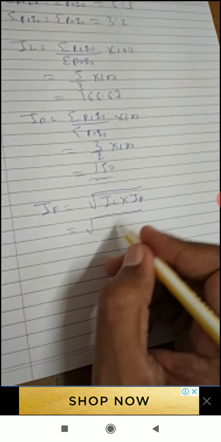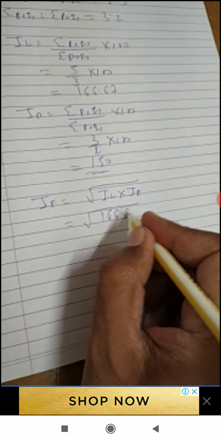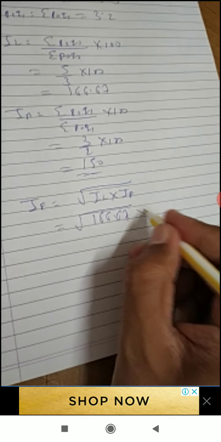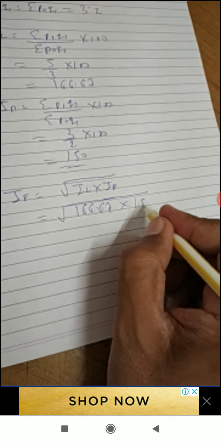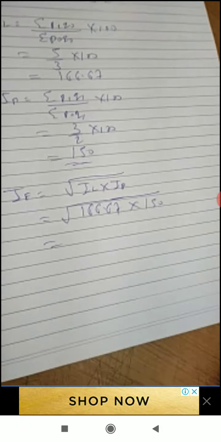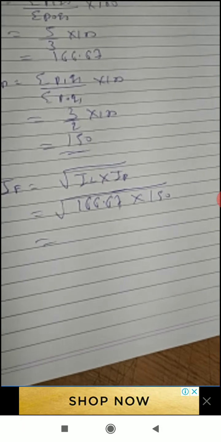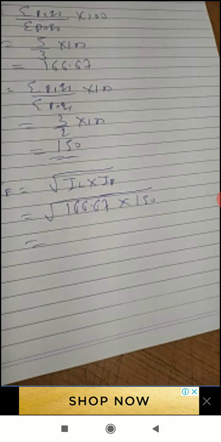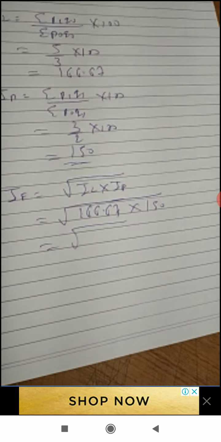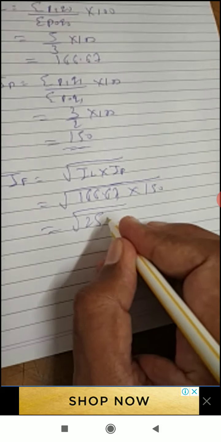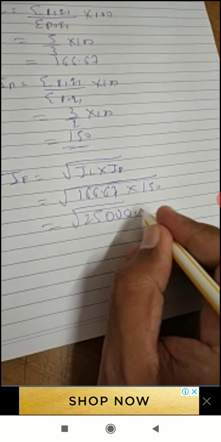And next, IF equals under root IL multiplied by IP. So here the IL value is 166.67 multiplied by 150. Multiplying, we get 250000.5.